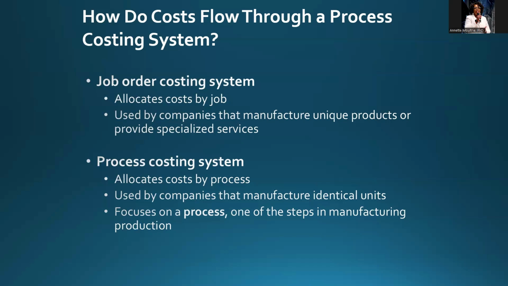And a process is nothing more than one step in a sequence of manufacturing activities. The process costing system is used by companies that produce identical units through a continuous and uniform series of production steps.